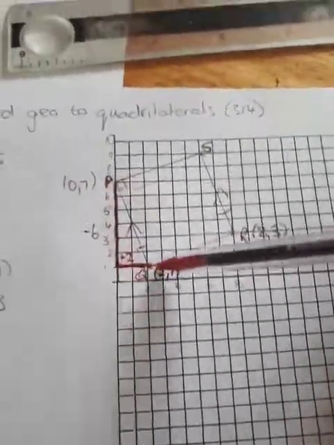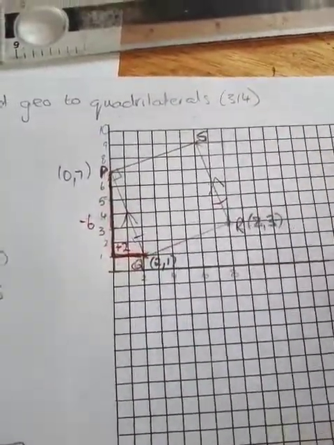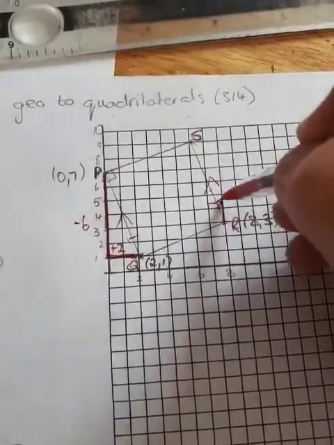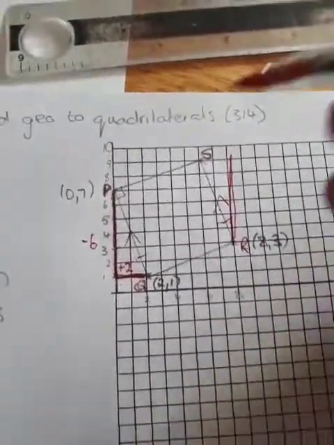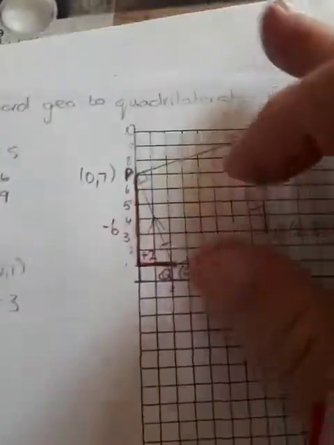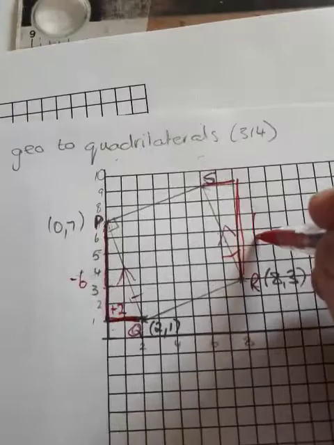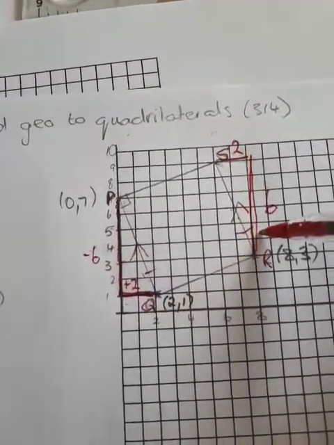Now, because we count downwards, we will make that -6 and we will make that +2. Now, that is the same for RS. So let's draw the same triangle onto RS. Sorry, this is R and this is S. We know that this is 6 units and this is 2 units because it's the same triangle that we have drawn.